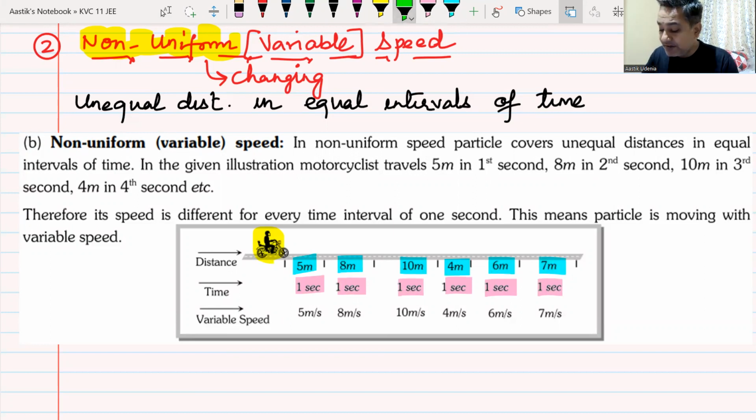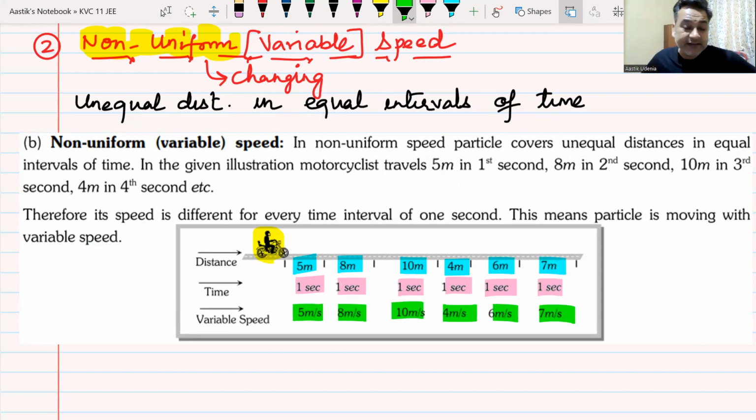And therefore, speed is variable: 5, 8, 10, 4, 6, 7 meters per second. This is an example of a particle moving with non-uniform or variable speed. Everyone has noted this down. You don't have to write the entire history. Just write unequal distances in equal intervals of time and just understand it.